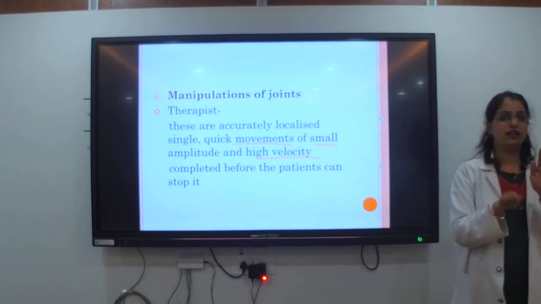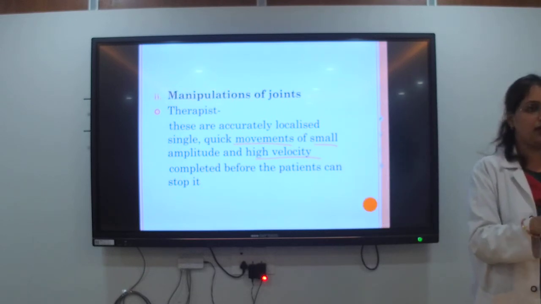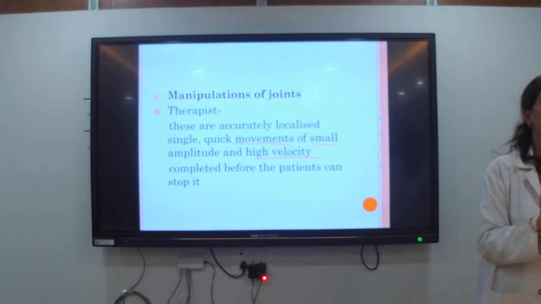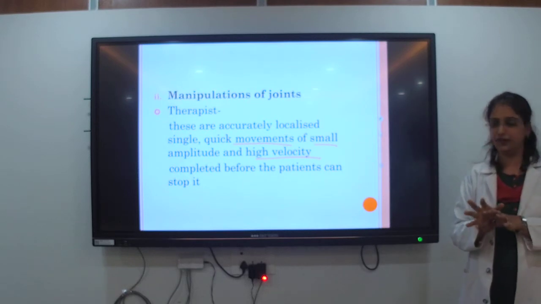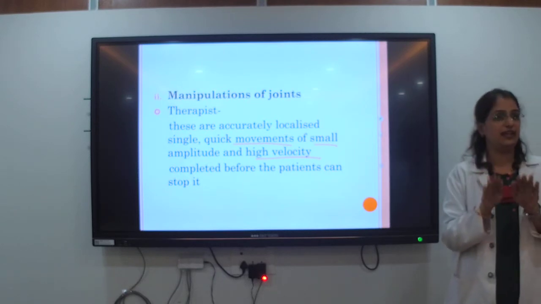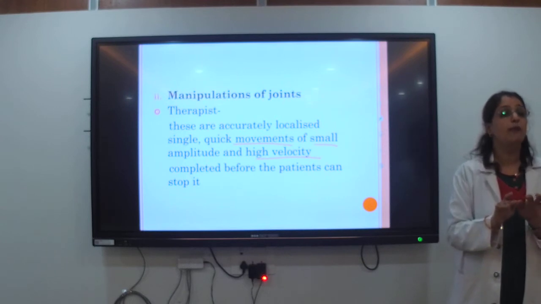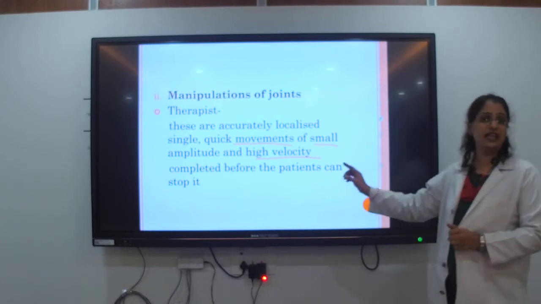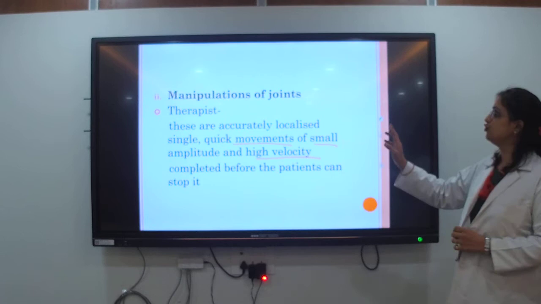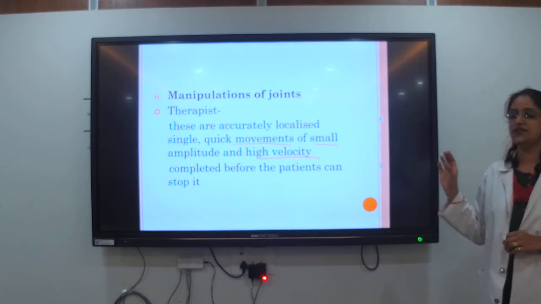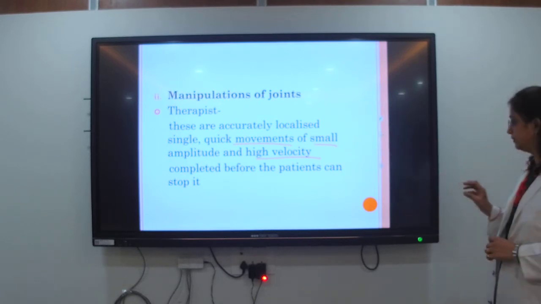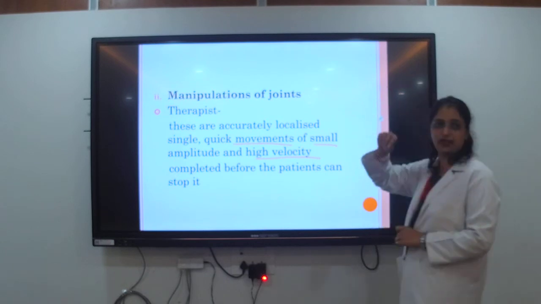The rate of giving percussion is more than 100 per minute. So you are giving it repetitively, with small amplitude but high speed or velocity. Usually these kinds of manipulations are performed over the chest. I am just giving you one example.